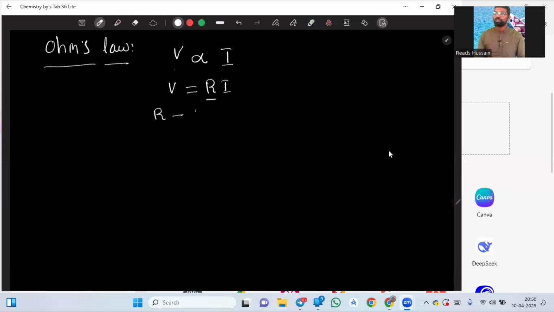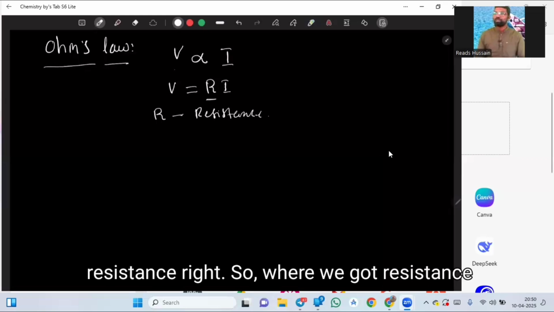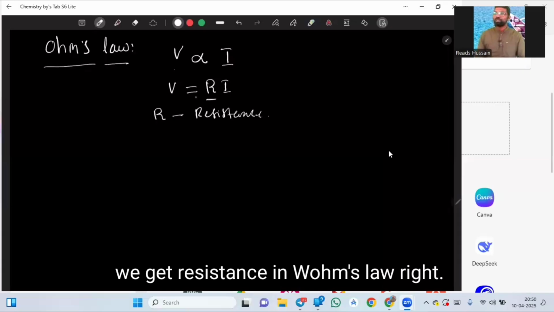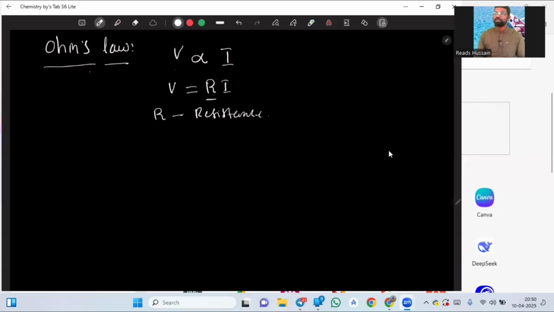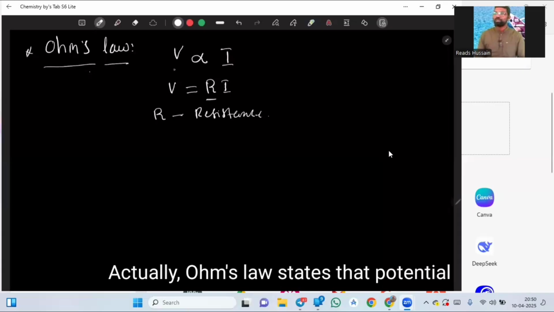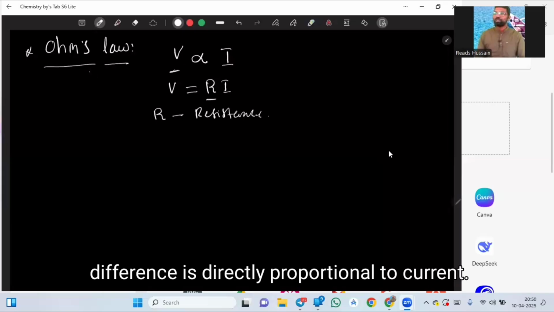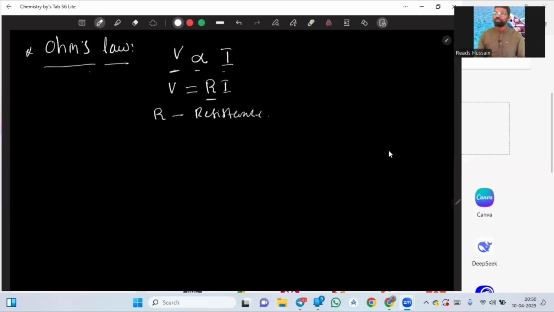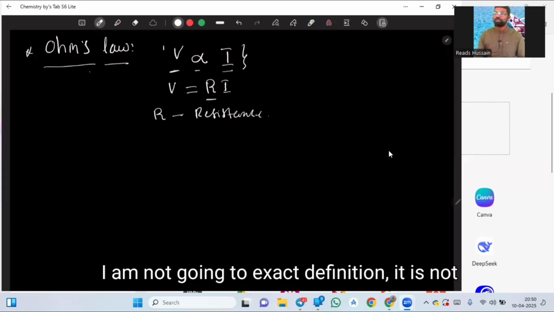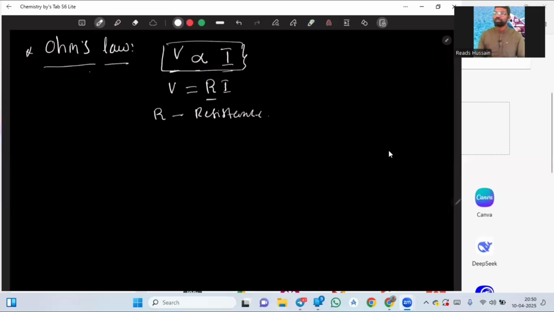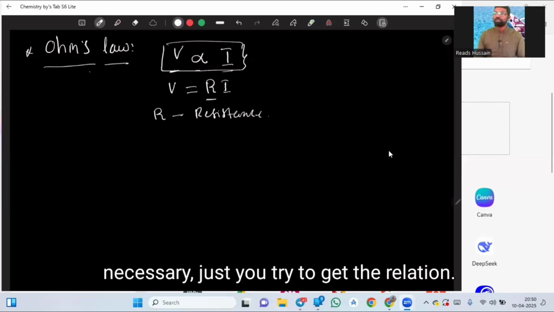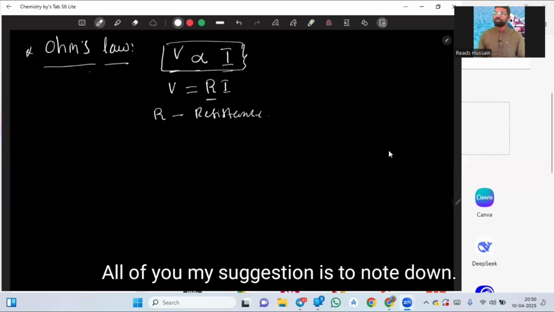It's also called resistance. So we get resistance from Ohm's law. I'm not going into the exact definition, it's not necessary. Just try to get the relation. My suggestion is to note it down.